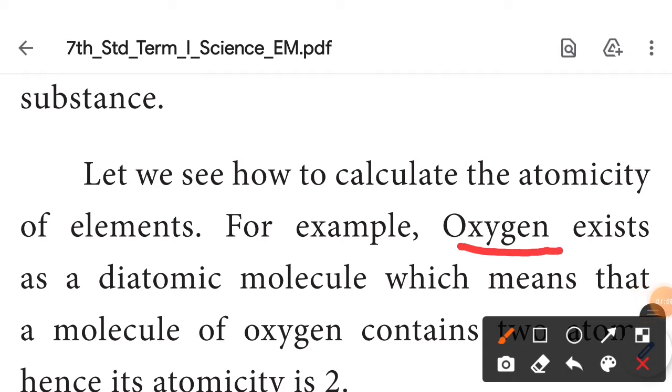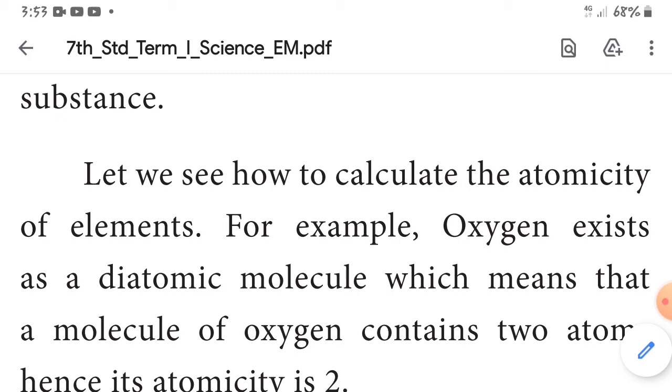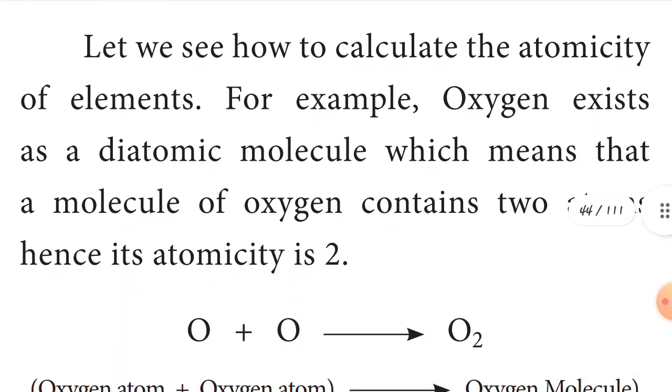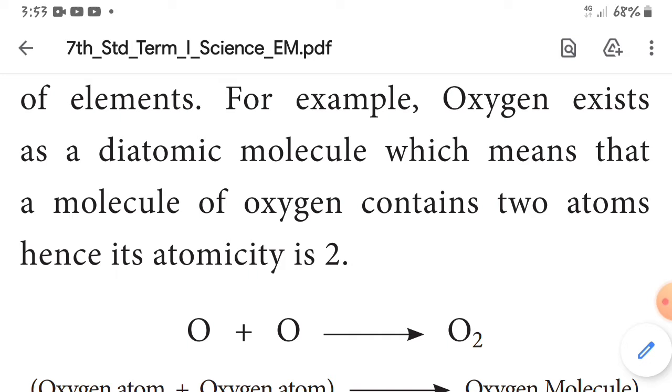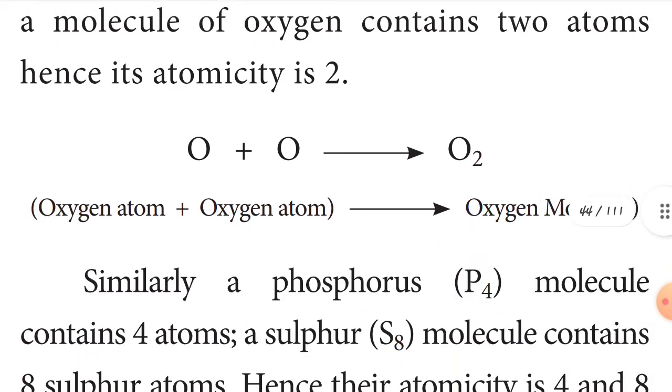Oxygen is the best example of a diatomic molecule. What is the atomicity of oxygen? The atomicity of oxygen is 2, because oxygen plus oxygen combine to form an O2 molecule. That is the best example of a diatomic molecule.